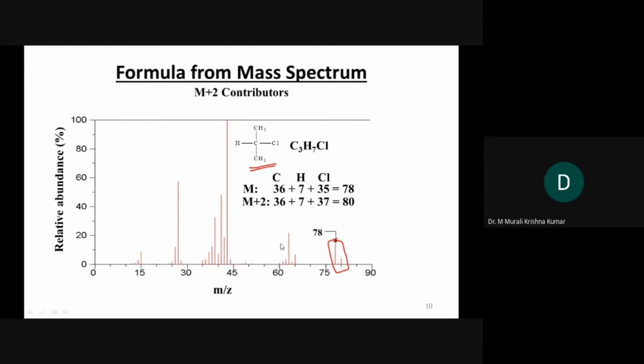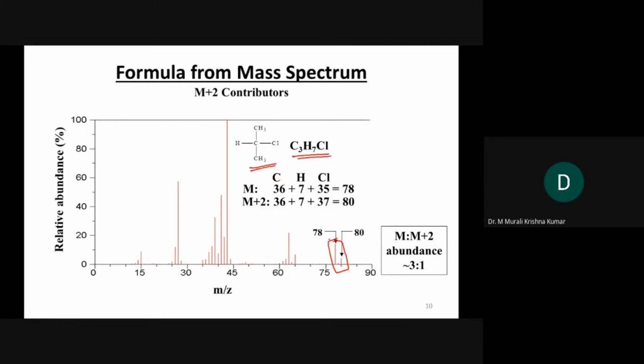Then M plus 2 means 78 plus 2, we got 80. 80 is also there. And if you see the relative abundance, the percentage of M plus 2 relative to M, that is approximately 3:1. So this clearly indicates the presence of chlorine.